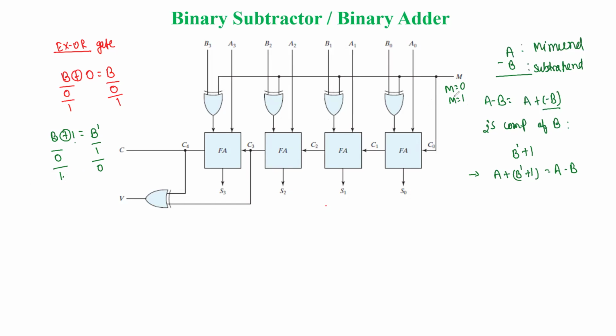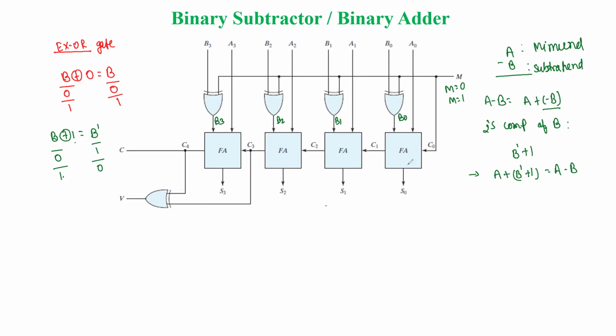When we have M equal to 0, the output of this XOR gate will be simply B. So here we'll get B0, here again B1, here B2, and here B3. The other input is already given: the minuend bits are given as input.